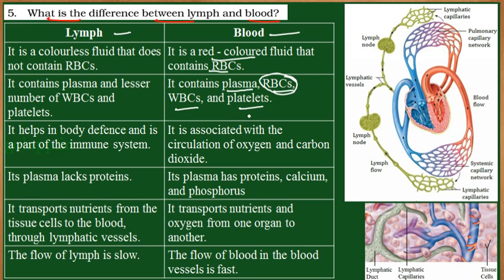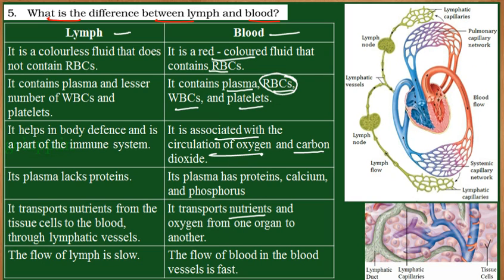The main function of the blood is to circulate nutrients and oxygen to various parts of the body. Along with that, the waste substances generated from various parts of the body are collected. So it is associated with circulation of oxygen, carbon dioxide and nutrients and other substances like hormones, ions, etc. from one part of the body to another.